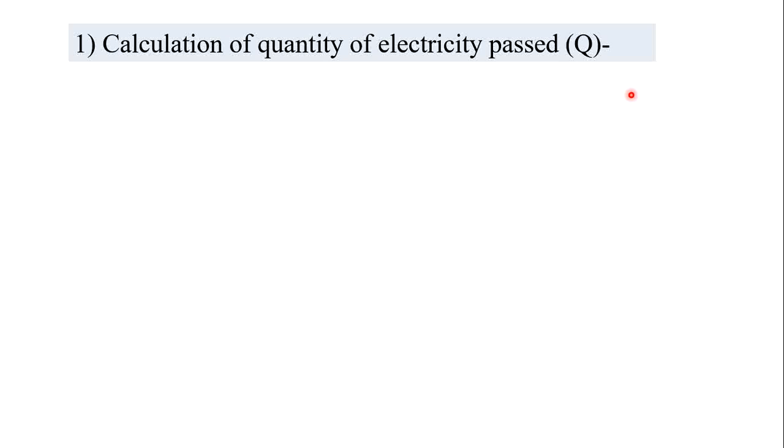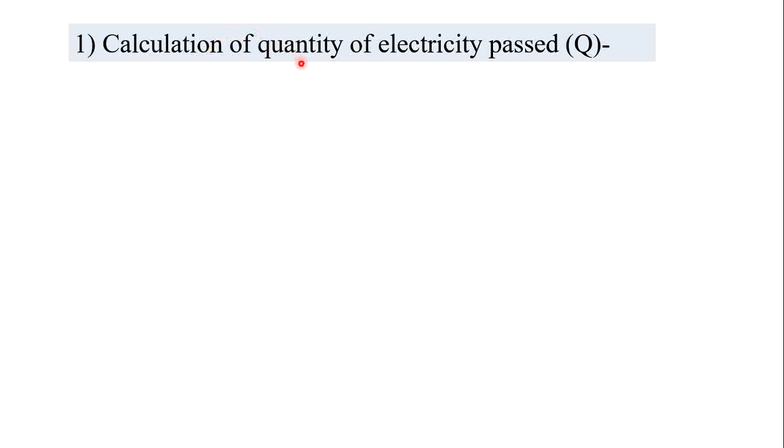From that, you can calculate the number of moles of product formed. And the fourth step: if you know the number of moles of product formed, then you can calculate the mass of the substance deposited. We will see how, one by one.